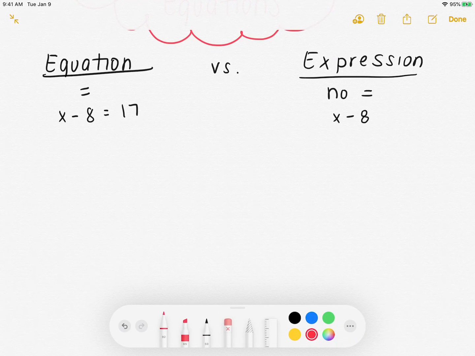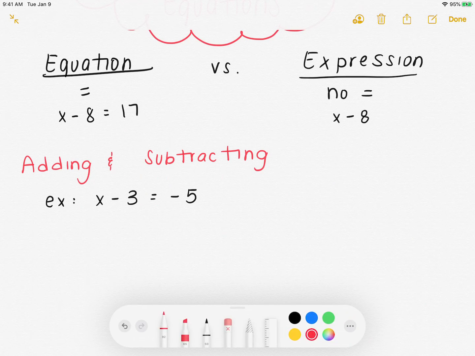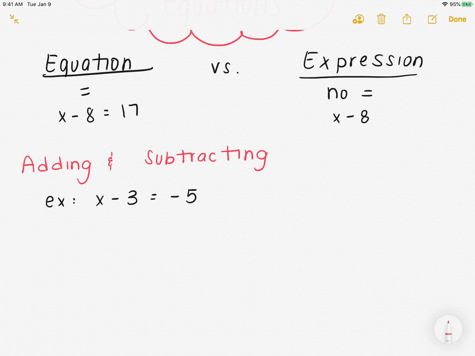So the first thing we're going to do is solve by adding and subtracting. My first example gives me x minus 3 equals negative 5. What am I going to do first there?